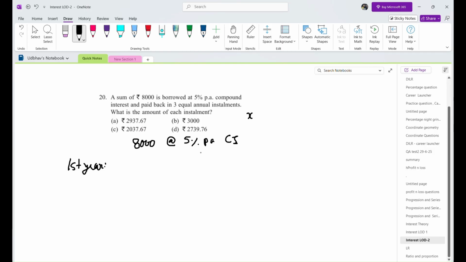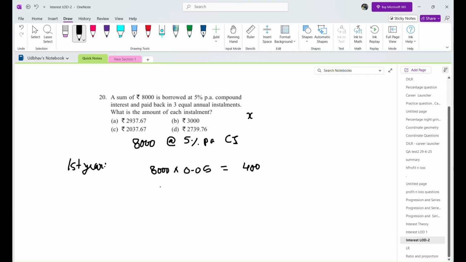So at the end of the first year, how much interest will it be? 8,000 into 0.05, that is 400 rupees. So the first time we have 400 rupees as interest.